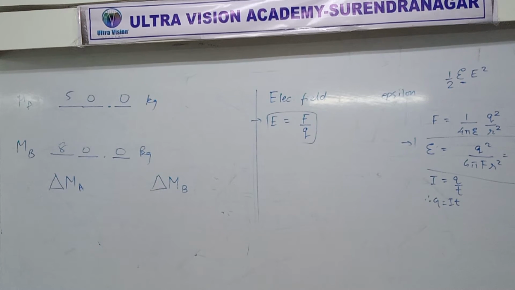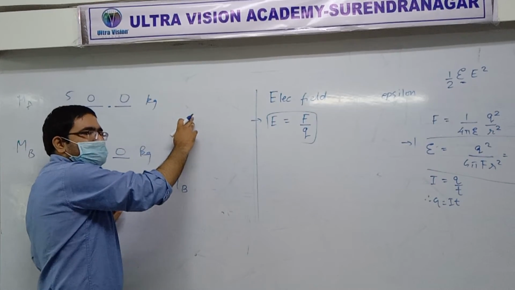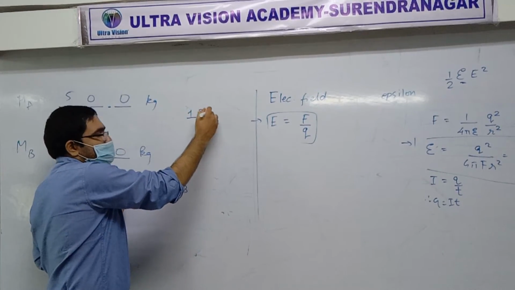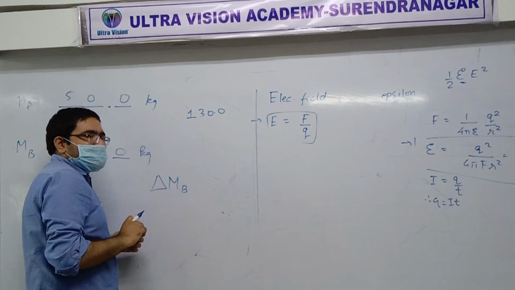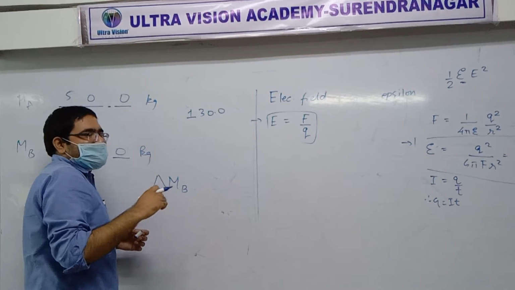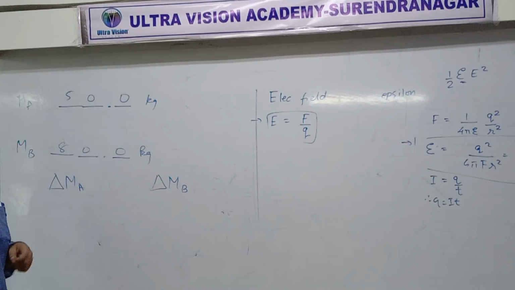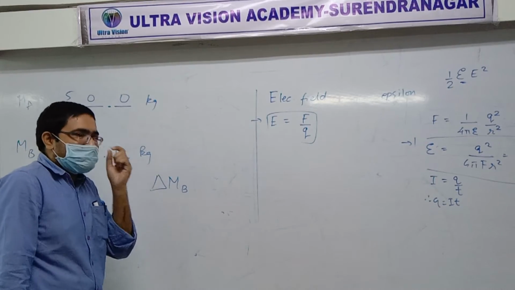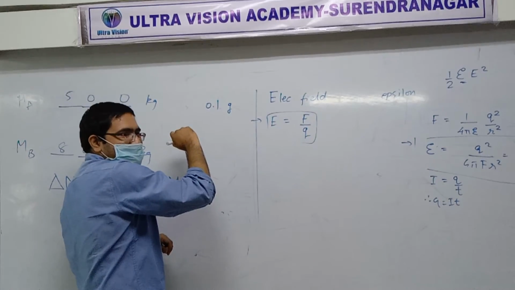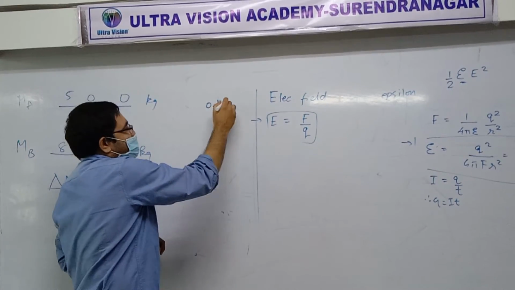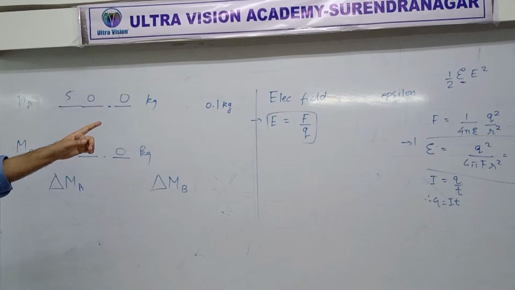What's the absolute error in the first measurement? 0.1 gram. Gram or kg? Okay, sit down. 0.1 kg is the absolute error in the first one.